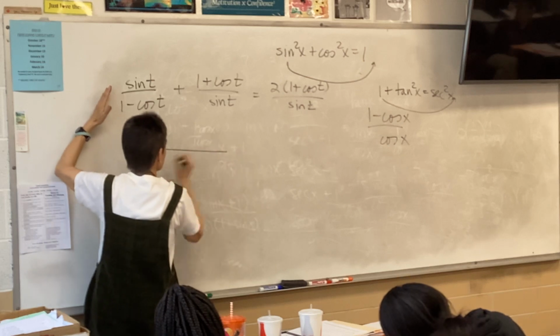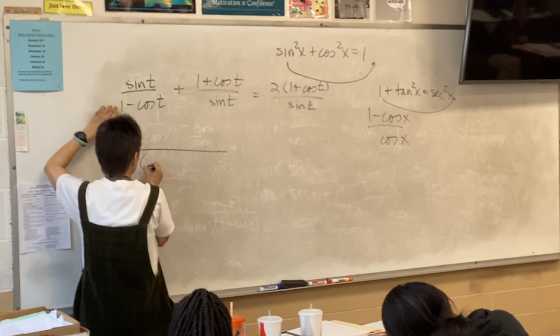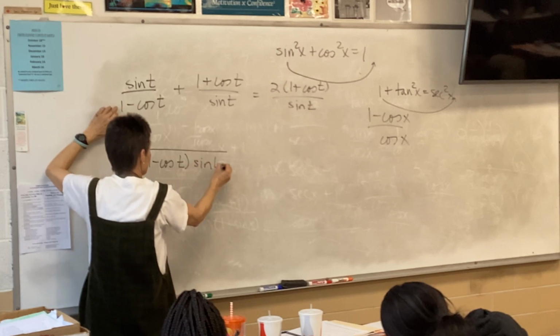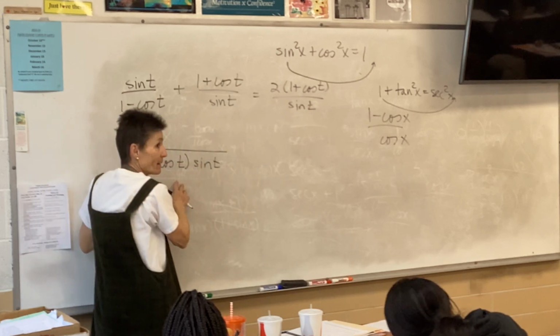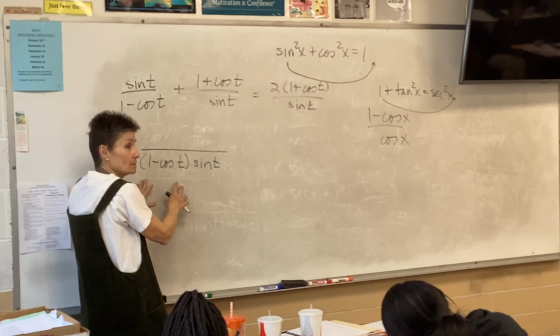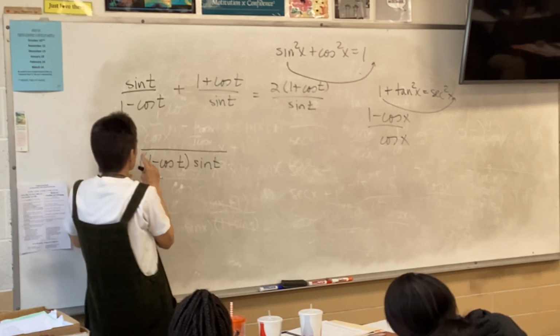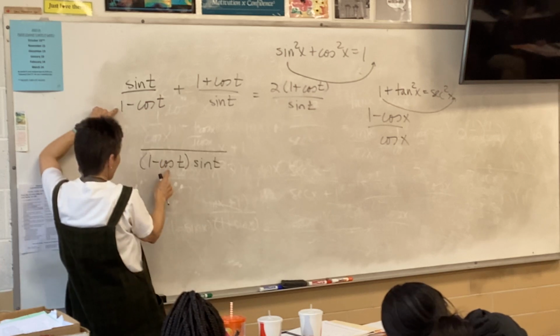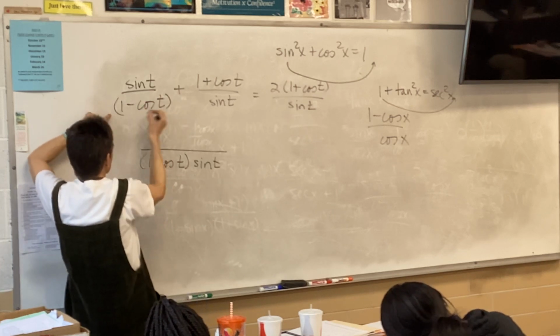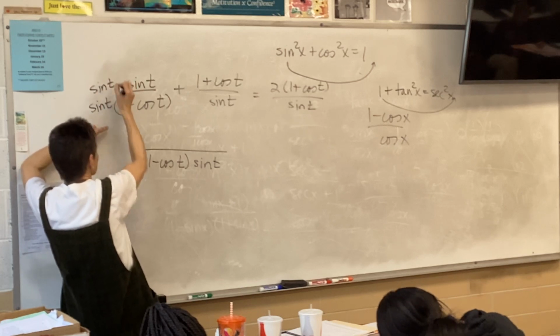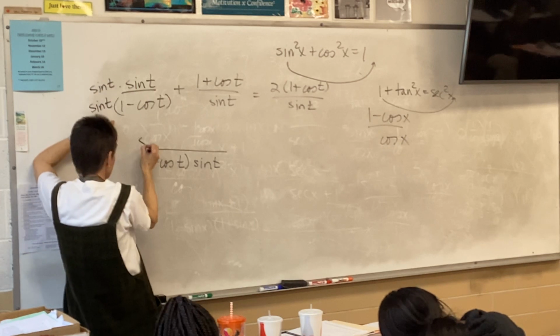So my common denominator is gonna be 1 minus cosine and sine. Both pieces are my common denominator. This one already has that piece, so this one's gonna have to be times sine, making sine squared.